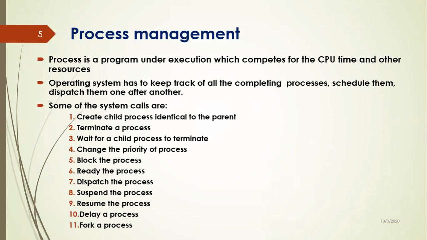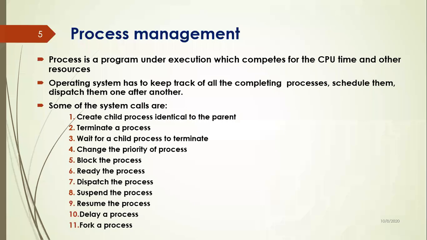Now, what are the system calls the operating system will perform for the process? The system calls for process management are: first, create a child process identical to the parent.